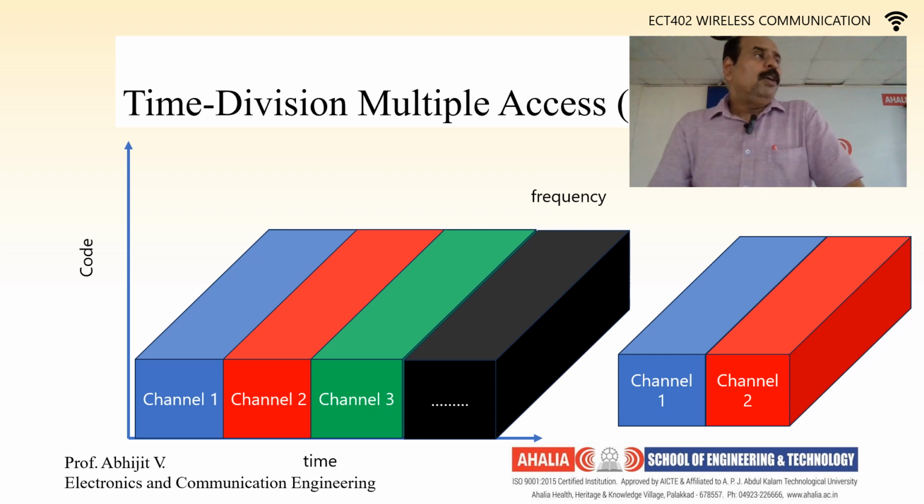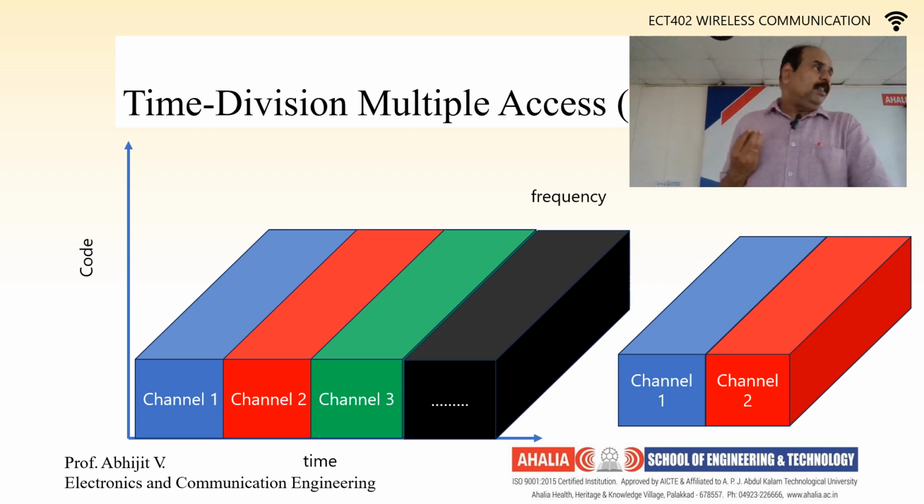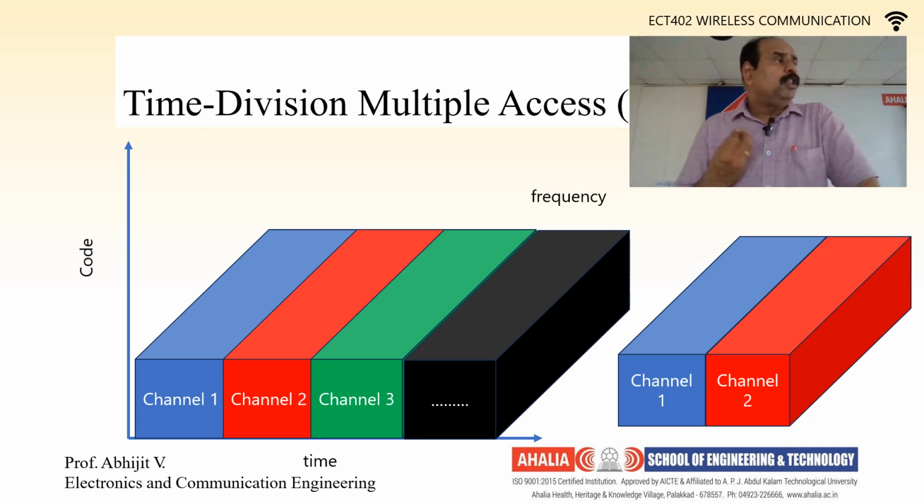In reality this time is divided in microseconds or much less than that, even nanoseconds, so that the user is not aware of the time gap. We have compensated for the time gap in the user.